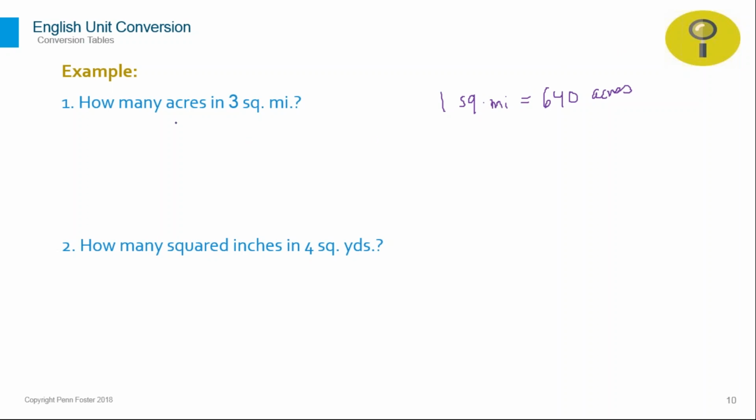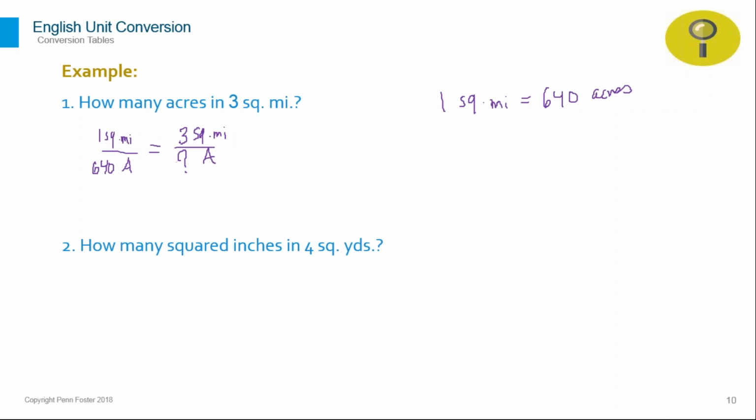So how many acres in 3 square miles? Again, a proportion. Factual information goes here: 1 square mile equals 640 acres. I'm just going to use the capital A for acres. So what about 3 square miles? Notice the order. On the bottom of the second fraction will go the acres, and this is what we do not know.